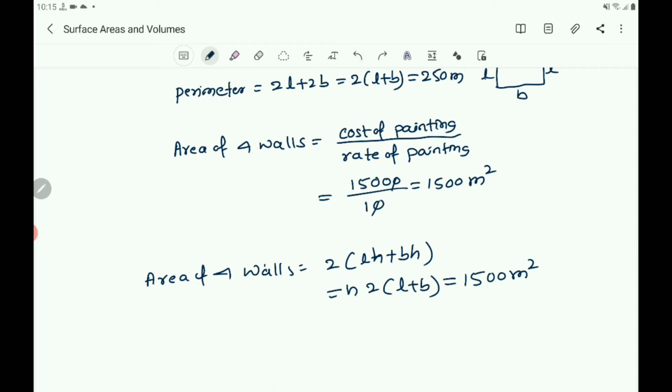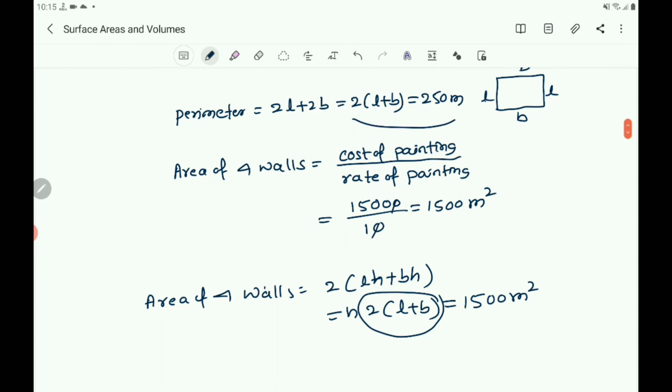And here, as you know, this 2 into (L plus B) is the perimeter of the base, or perimeter of the floor. So H into, what is the value of this?